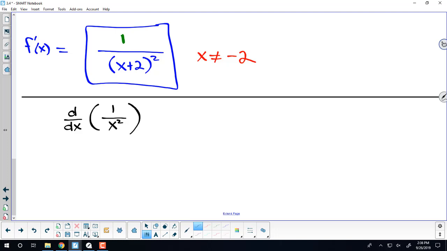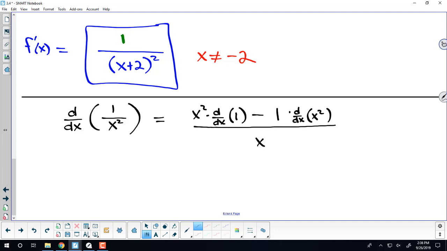We can say, well, that's as it is, it's a quotient. So if I take the quotient and apply the quotient rule to find the derivative, I'm going to say it's the bottom times the derivative of the top minus the top times the derivative of the bottom, and then put all of that over the bottom function squared.